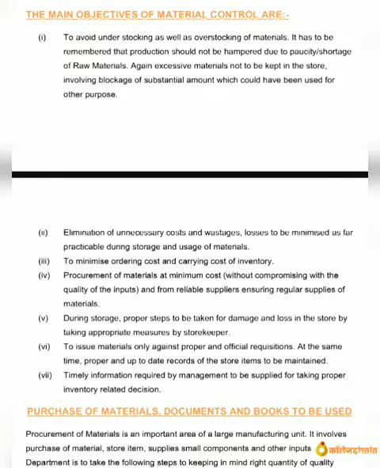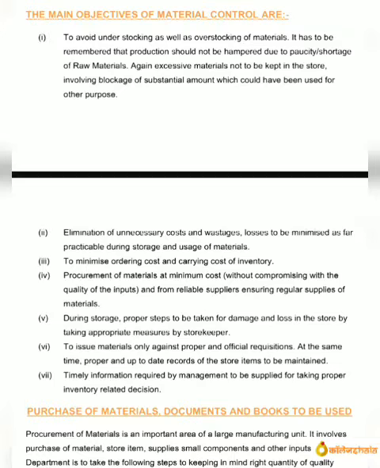As a result, there will be overstocking. Again, it has to be kept in mind there should not be any understocking, so that the production process may not be hampered due to paucity or shortage of material. So this is a very important concept.